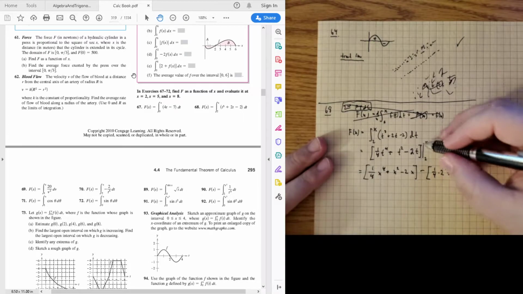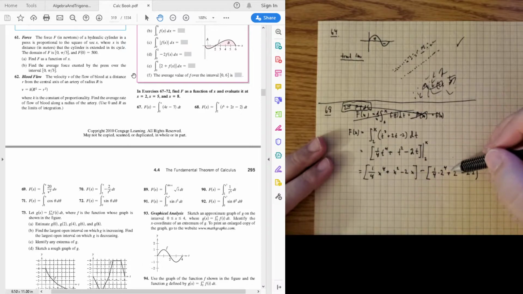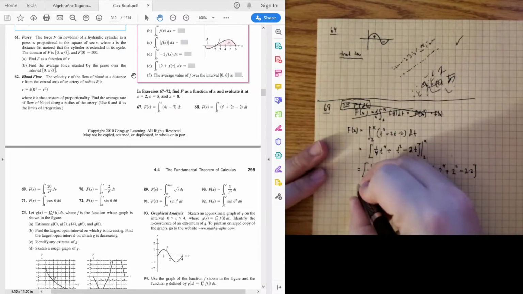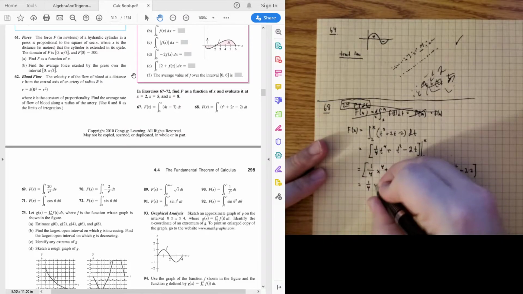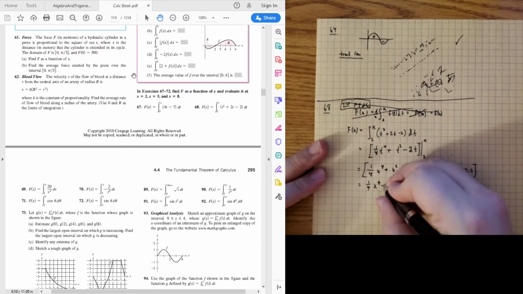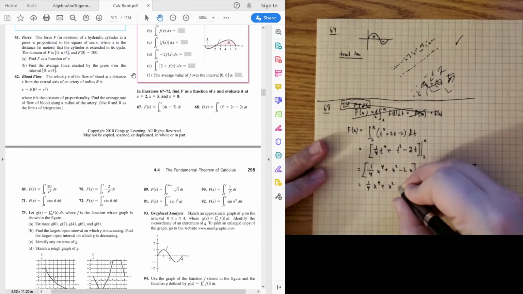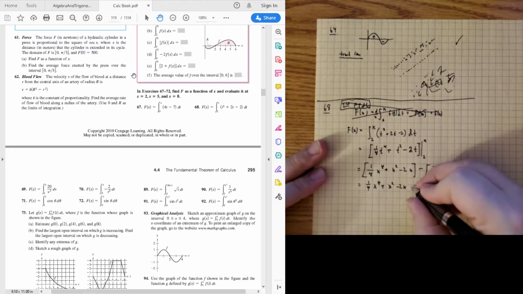Everywhere there used to be a t, I replace with x. Everywhere there used to be a t, I replace with 2. Let's simplify. The first piece is pretty much consistent: 1/4 x to the 4th plus x squared minus 2x.